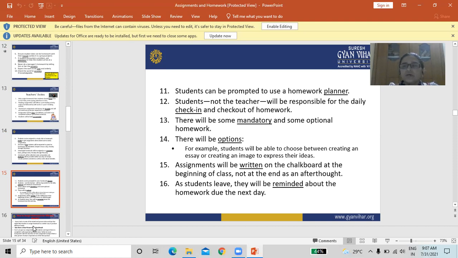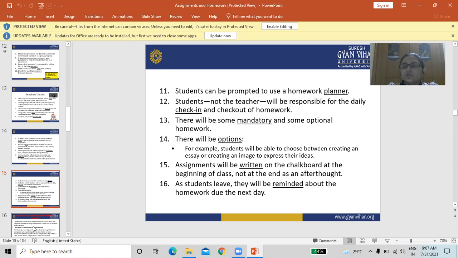So these are the roles of the teacher when giving and checking the assignment. Teachers have lots of other roles and responsibilities in a class, but all those duties we will not consider in our topic.